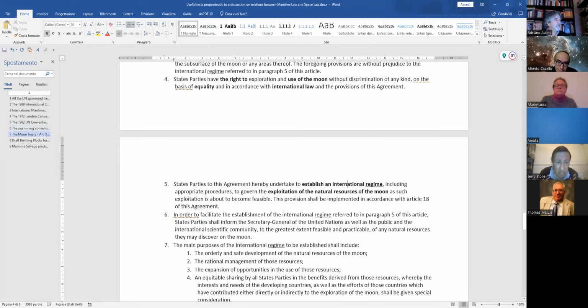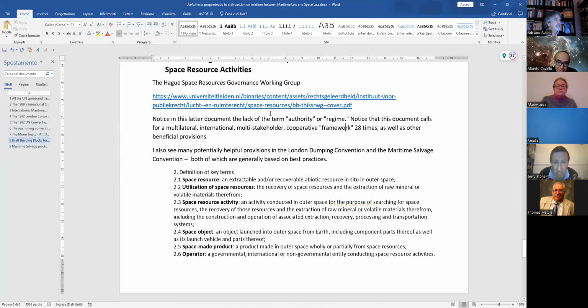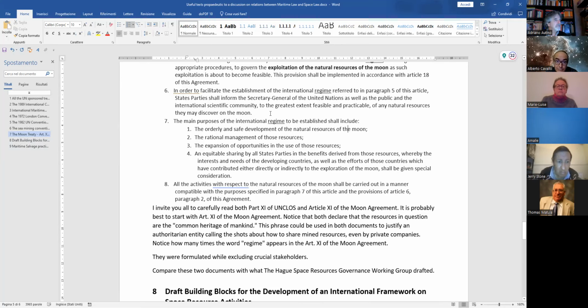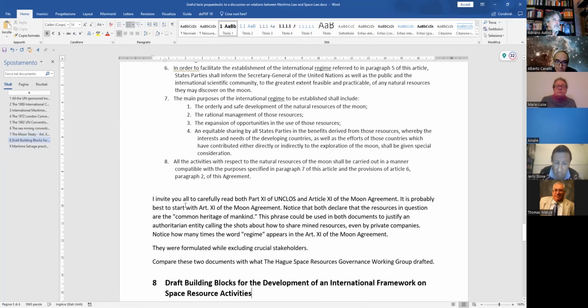We had some notes about it. It was noted that part 11 of the UNCLOS and Article 11 of the Moon Agreement were very similar, that both declare that the resources are the common heritage of mankind. It was also noted that the word regime appears in both documents, the UNCLOS and the Moon Agreement, and the word authority is mentioned several times.